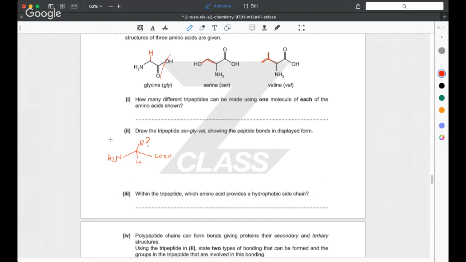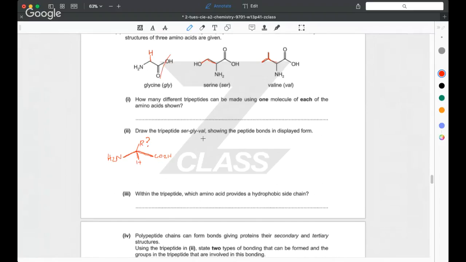So you just need to get your head around that there's this very simple repeating structure in all amino acids. You've got an amino group, a central carbon atom, a carboxylic acid group, and a hydrogen atom, and then you've got something else as another substituent there, and that's what distinguishes one amino acid from another.